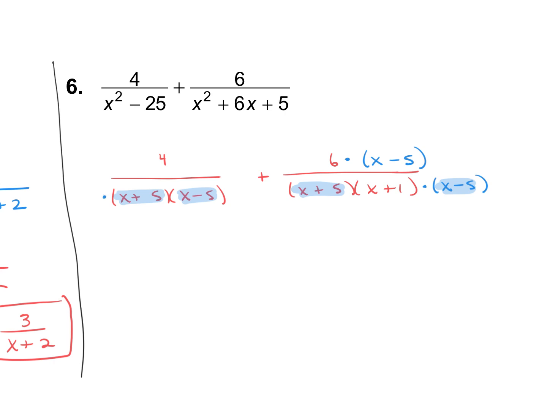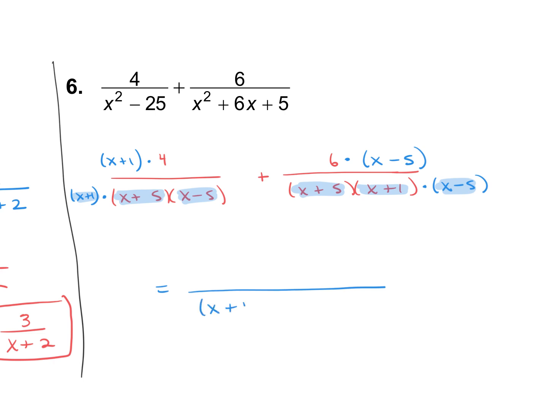So let's multiply in an x plus 1, but we have to make sure we do that to the numerator also. Now both denominators have an x plus 1, and we have a common denominator. So when you have a common denominator, you know what the denominator of your answer will be.